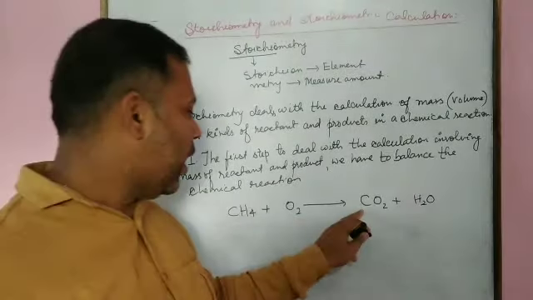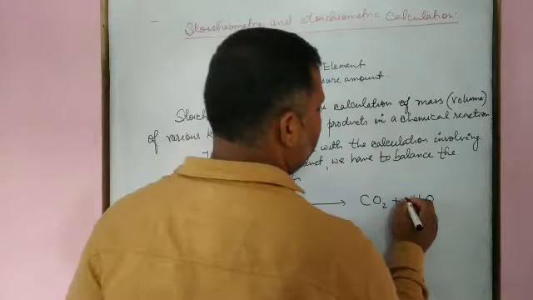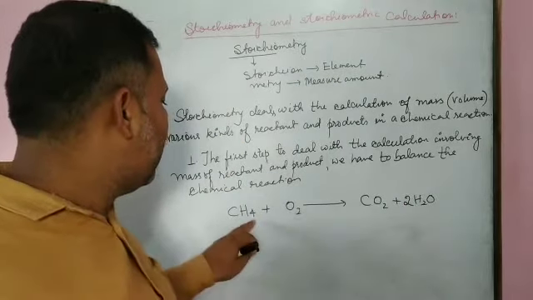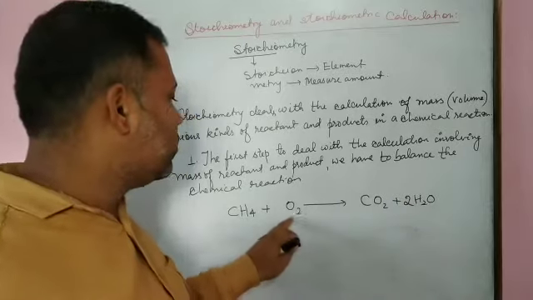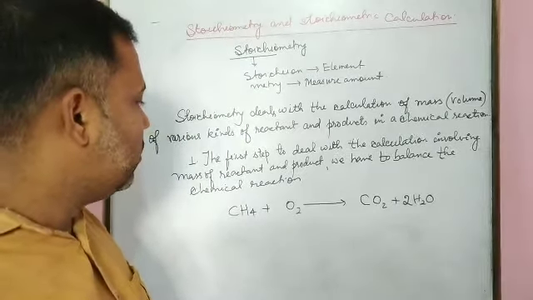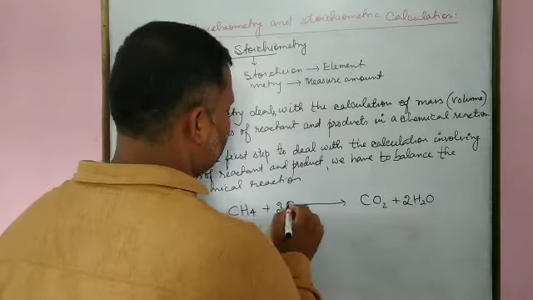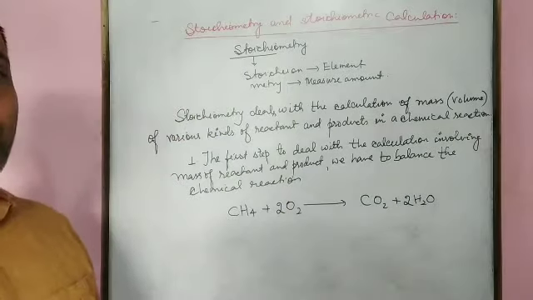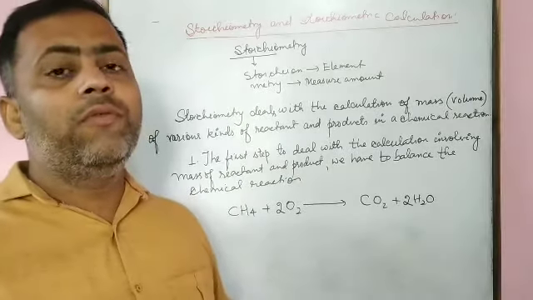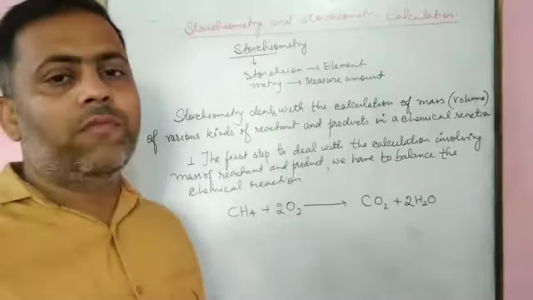Carbon 1, hydrogen 4 on the left, hydrogen 2 on the right, so we have to balance it. Carbon 1, hydrogen 4, oxygen 2, then the number of oxygen is 2 and 2, 4. It means 2O2. In this way, we have balanced the chemical equation.